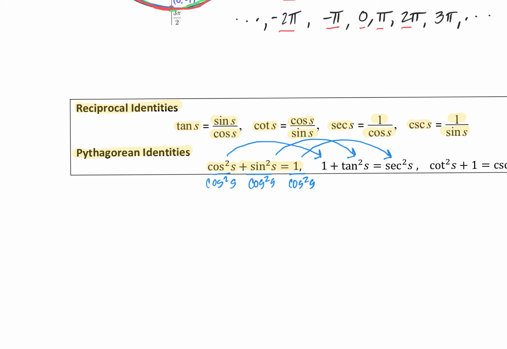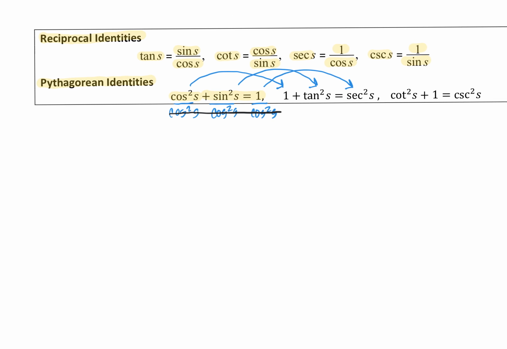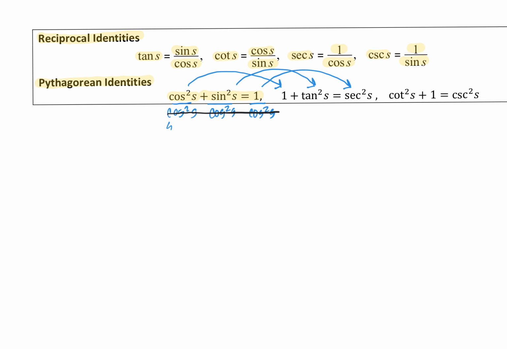Well, let's just say I wanted to write the Pythagorean identity in terms of, instead of tangent and secant, maybe cotangent and cosecant. Go back to cosine squared plus sine squared equal to 1. And this time we want to get rid of sine. So we're going to go ahead and divide everything by sine squared.